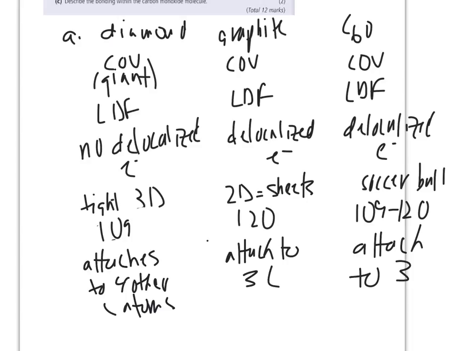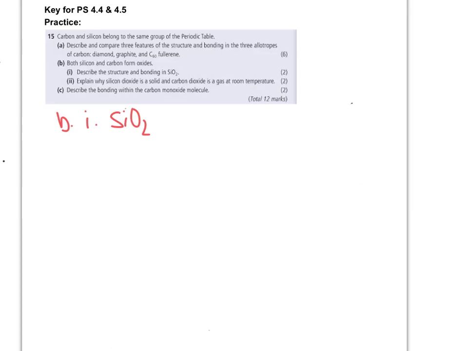Question B wants to know about the structure and bonding in SiO2. And SiO2 is unusual because instead of forming double bonds with each oxygen, the SiO2 is more like a formula unit that what really happens is each silicon bonds to 4 oxygen and each oxygen bonds to 2 silicon.